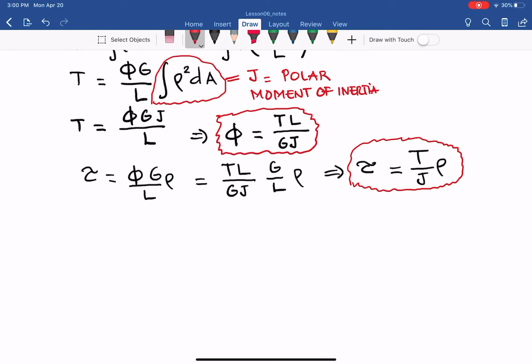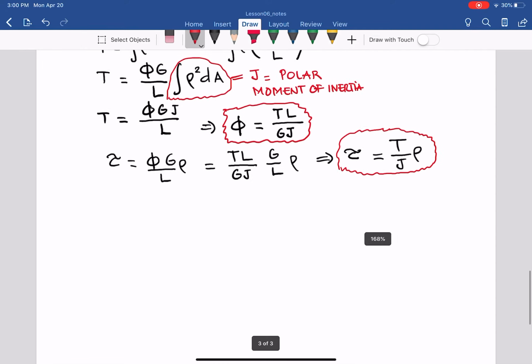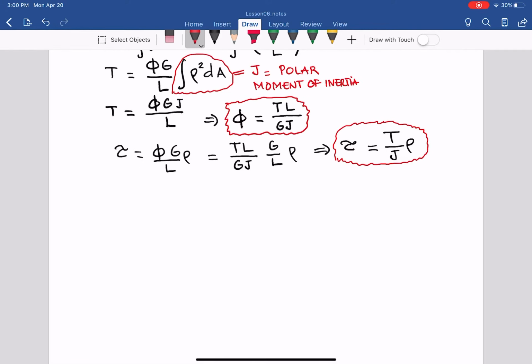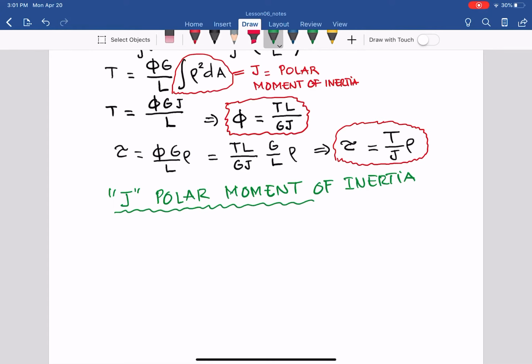In the last minutes here, we go ahead and define what the polar moment of inertia, J, is. In this class, I stands for area moment of inertia and J for polar moment of inertia.